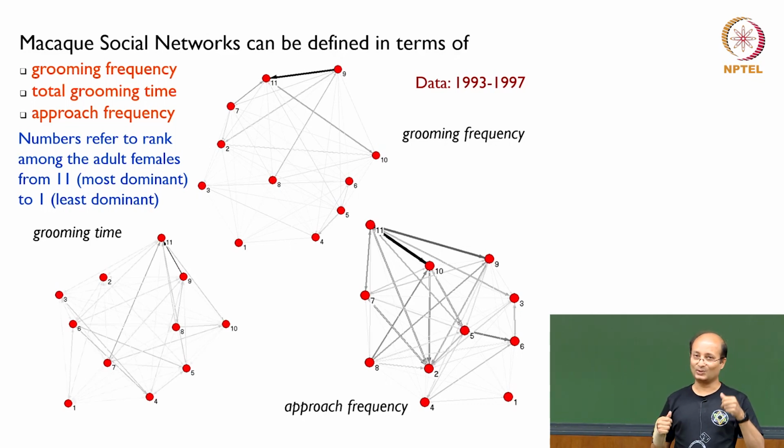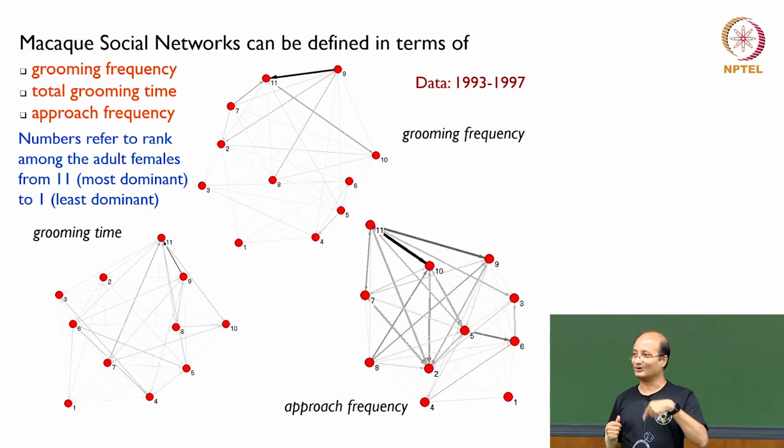If you are the youngest daughter of the dominant female, you're automatically number 2. Don't ask me why youngest. This was the first thing that occurred to me when I heard this from my primatologist collaborator. I would have thought it was the oldest. But it's the youngest daughter who is always number 2, and then the next youngest and so on.